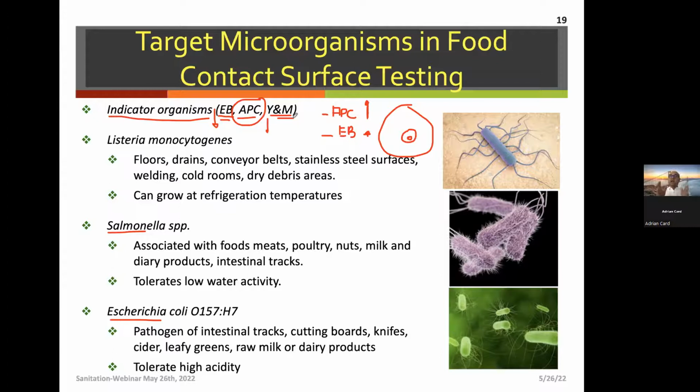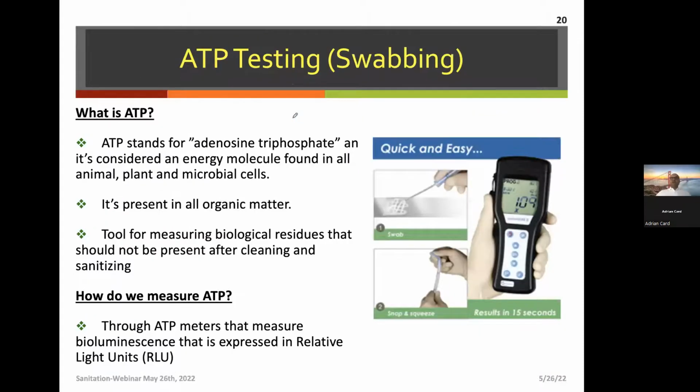Okay, so today what I'm going to do is focus on wet sanitation procedures and how we can use ATP and aerobic plate counts and Enterobacteriaceae as a way to identify how good our cleaning and sanitation procedures are. So what is ATP? Basically it is a molecule called adenosine triphosphate.